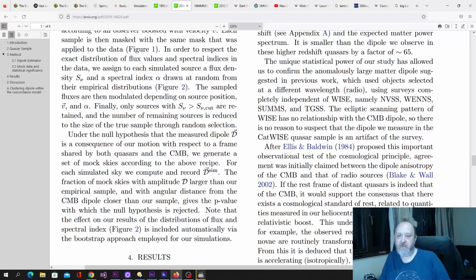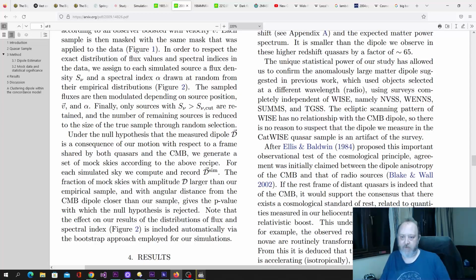The unique statistical power of our study has allowed us to confirm the anomalously large matter dipole suggested in previous works, which use objects selected at different wavelengths, radio, using surveys completely independent of WISE, namely NVSS, WENSS, SUMSS, and TGSS.